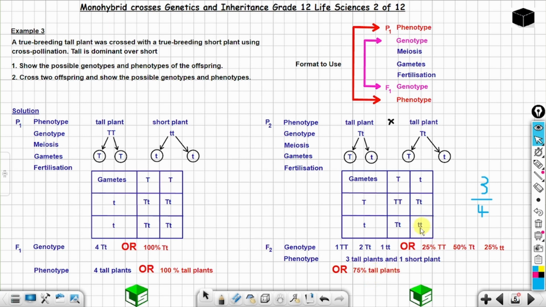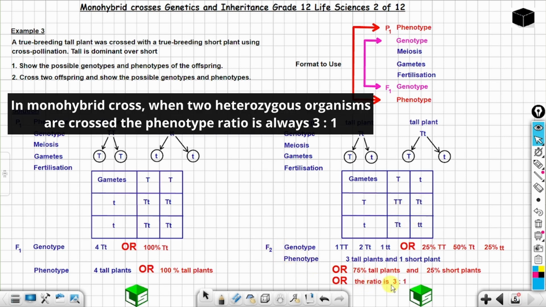You are going to have 1 over 4 times 100, which is 25% short plant. You can also give the ratio if you are requested to give the ratio for the phenotype. The ratio is 3:1. 3 for 3 tall plants, 1 for 1 short plant.